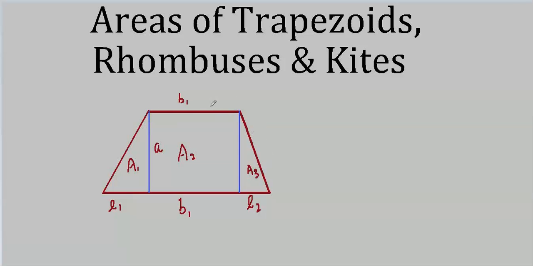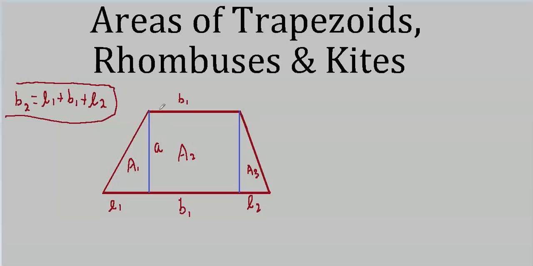Well, one of the things we can do right off the bat, this base here, this is B2, so we can write that L1 plus B1 plus L2 equals B2. So we have this relationship, and we're going to find a formula for the area that involves B2, the lower base, B1, the upper base, and the altitude.